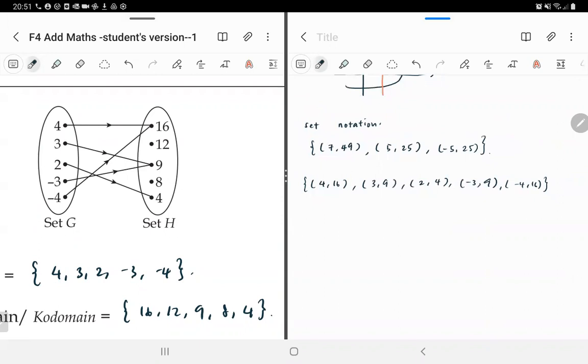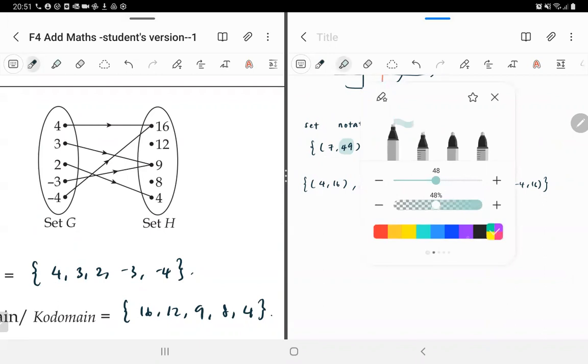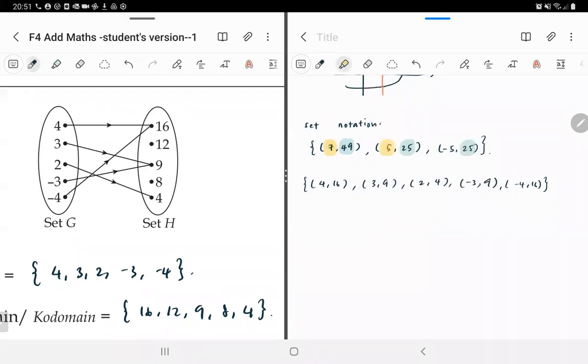Okay, so from here we can only identify the objects and the images. The codomain will be all these numbers, this one, this one, this one are the codomain or the range. And this one, in yellow color, 7, 5, and negative 5 will be the objects, or we say domain. So this is one of the ways to map it.